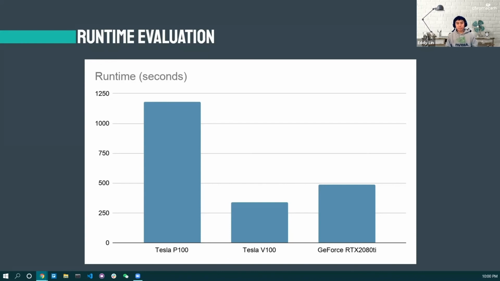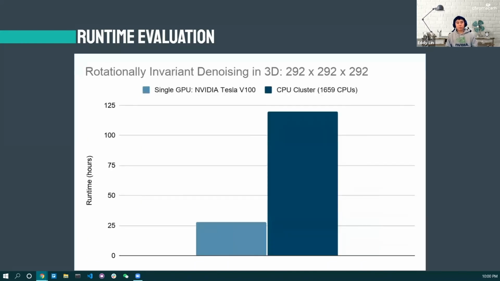With our estimates, we would be able to perform the same thing, which is rotationally invariant BM4D, a more computationally expensive algorithm than the non-local means that they implemented, and that would only take 28 hours on the same data with just one GPU versus the CPU cluster, which uses 1,659 CPUs. That is a huge performance increase, and we are really happy to see that.